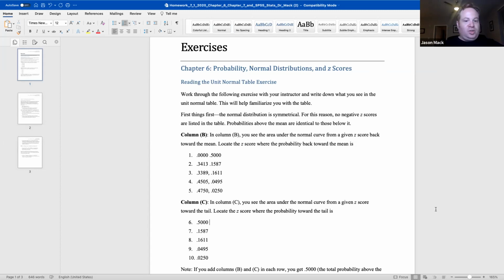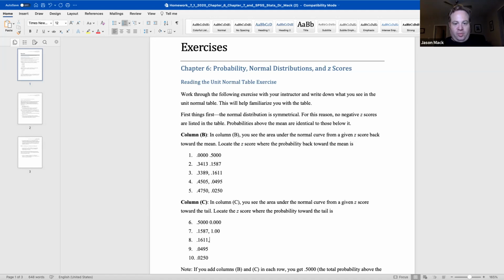The next thing we want to do is in column C, you will see the area under the normal curve for a given z-score towards the tail. Locate the z-score where the probability towards the tail is. So this will be 0.000. There's no area between the mean and the mean, okay? That's why that's like that. Our next one will be 1.00.